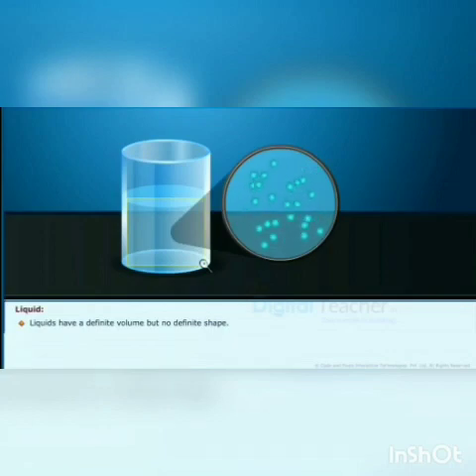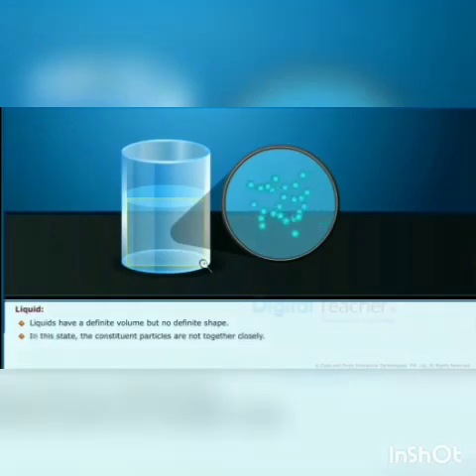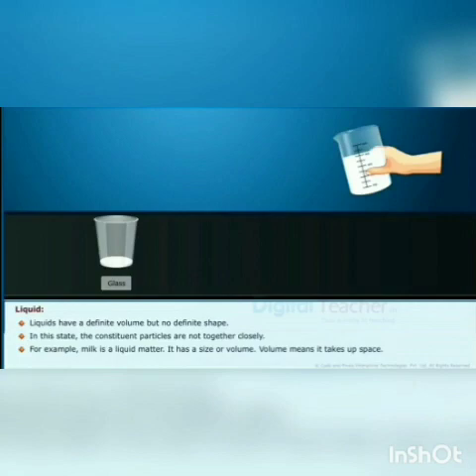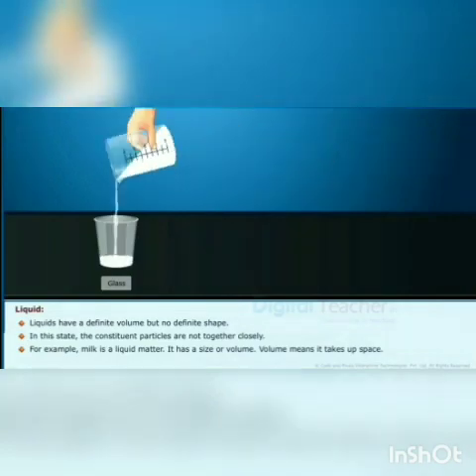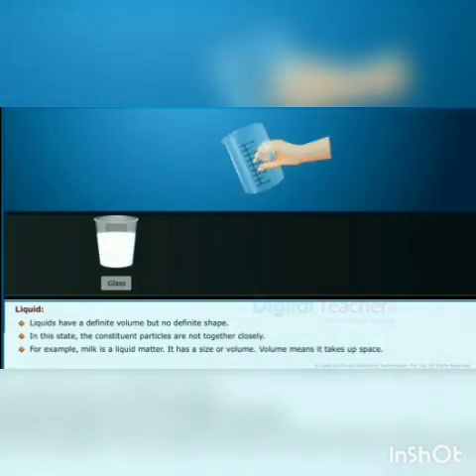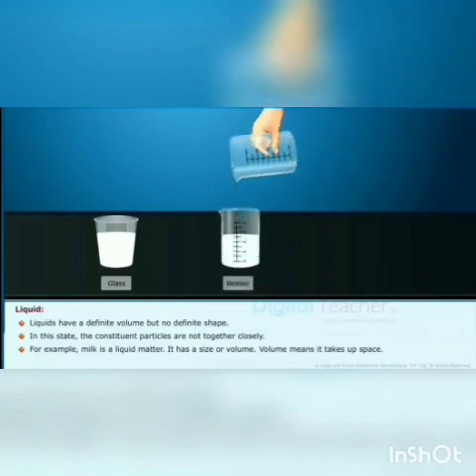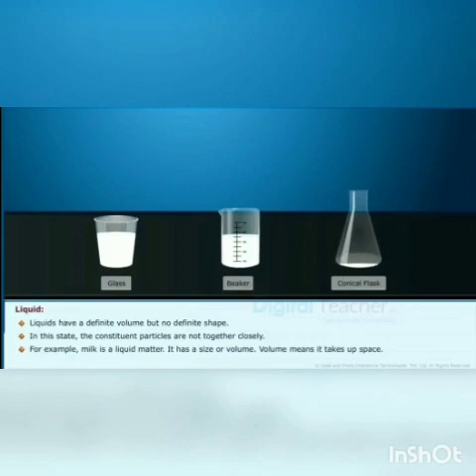Liquids. Liquids have a definite volume but no definite shape. In this state, the constituent particles are not together closely. For example, milk is a liquid. It has a size and volume. Volume means it takes up space.